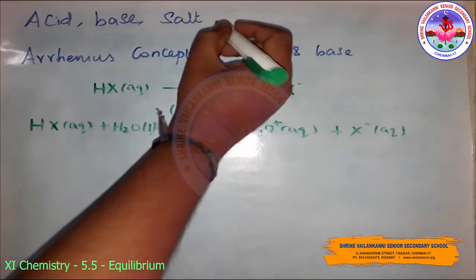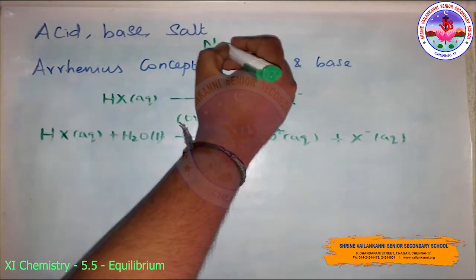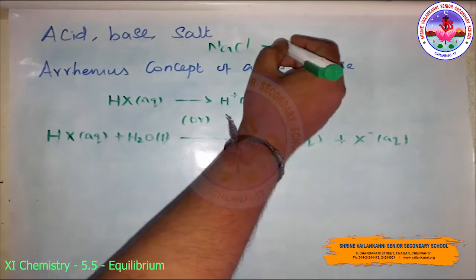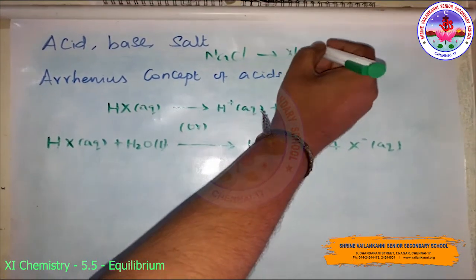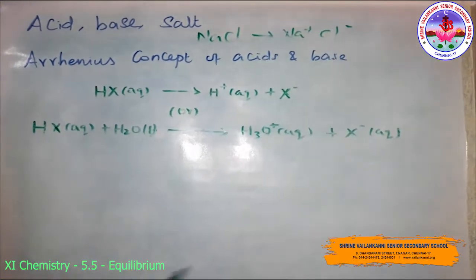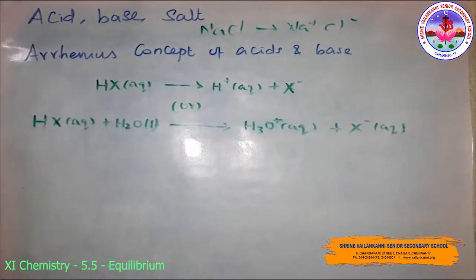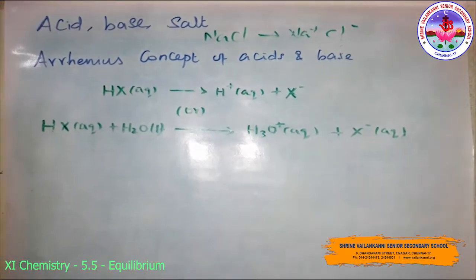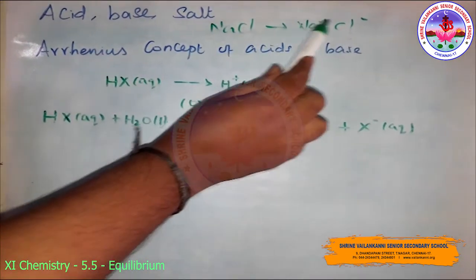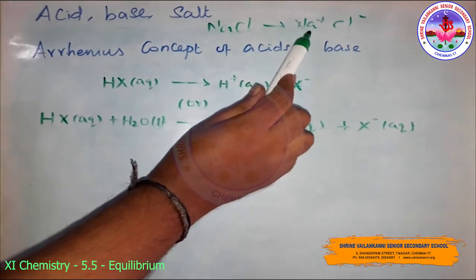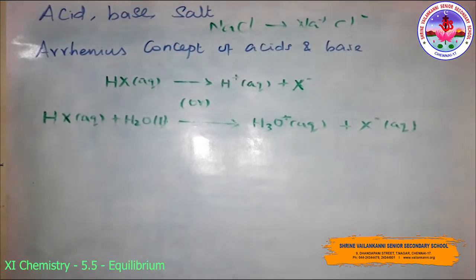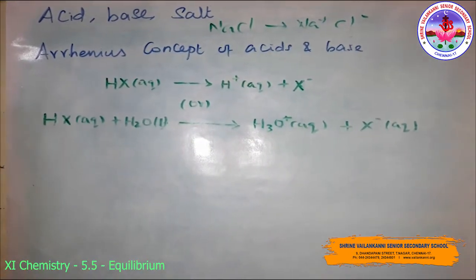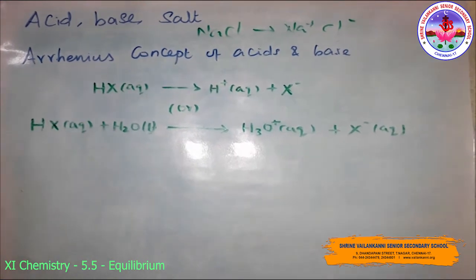For example, NaCl is Na plus and Cl minus ion. The sodium has a positive charge and the chloride ion has a negative charge, and between them there is an electrostatic force of attraction. So these are the basic concepts of acids, bases and salts.